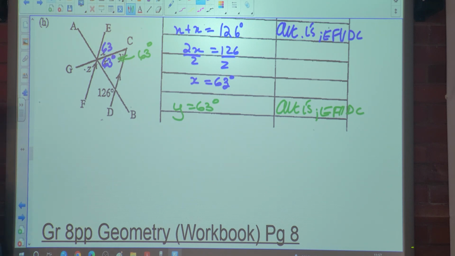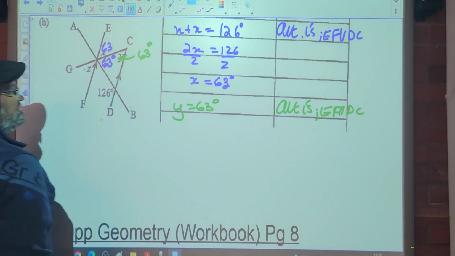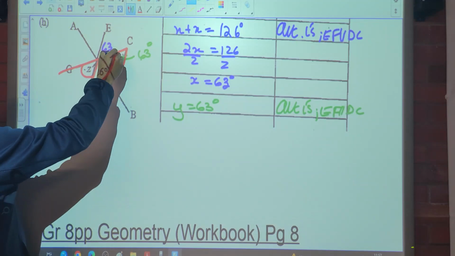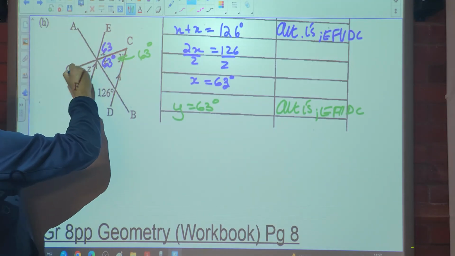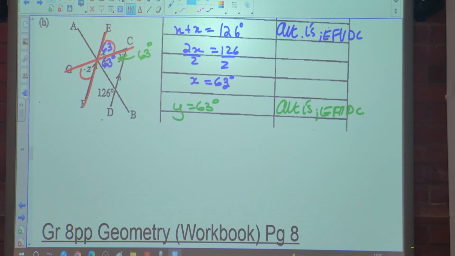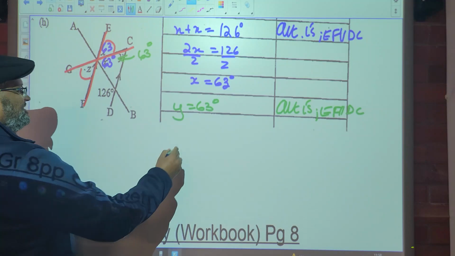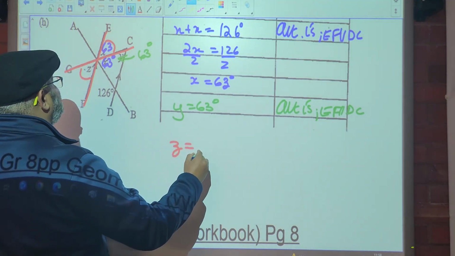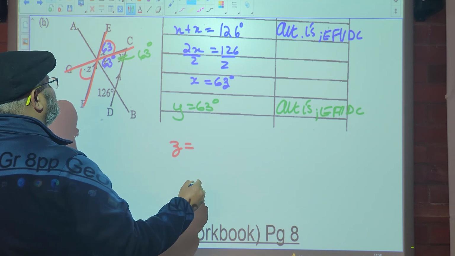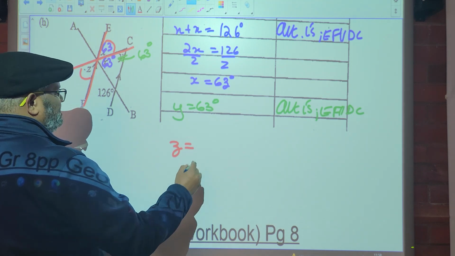I calculate Z. Corresponding or vertically opposite. Yes, my girl. I calculated X first with corresponding and vertically opposite, and then I calculated Y with corresponding.